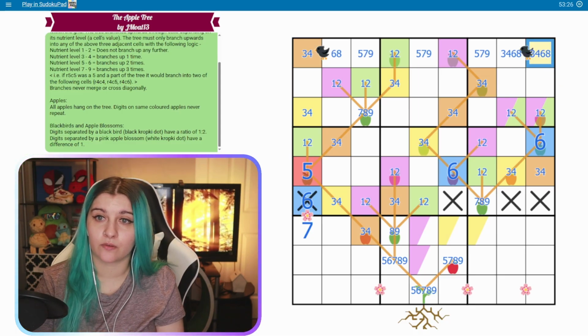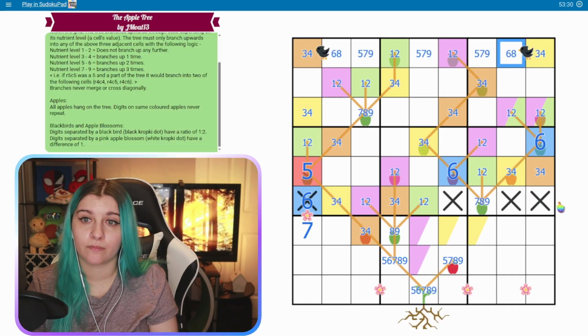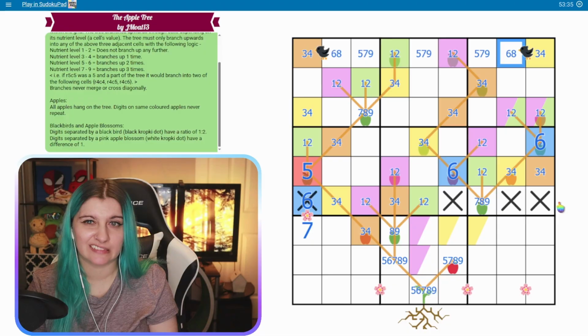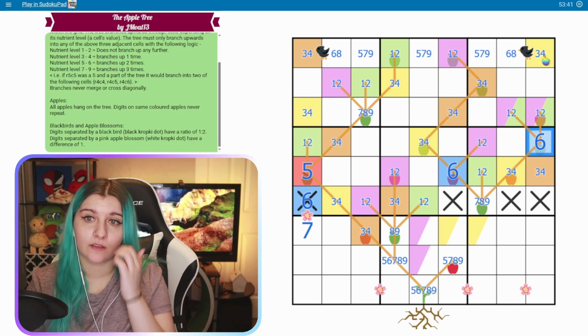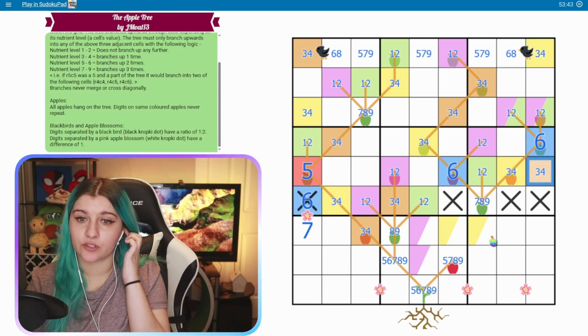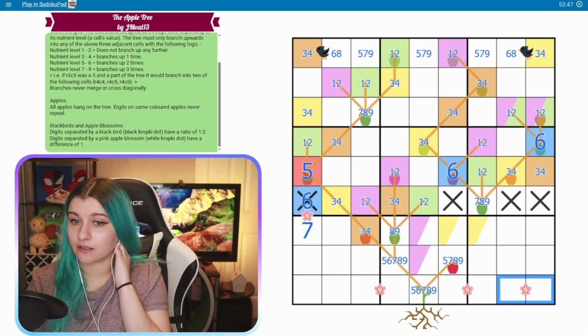But also, actually, this might help me. There's a chance. 6, 8. If this is yellow and this is orange, I need yellow here. Options here, maybe?